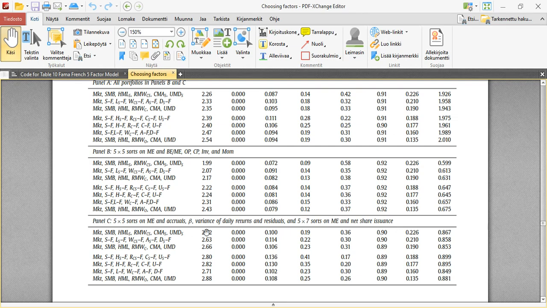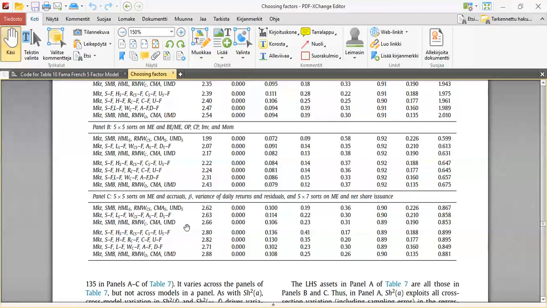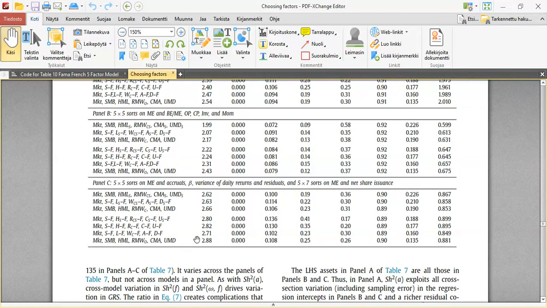Here in panel C, we have again different test assets, as we see in the description of the table, but we see that the GRS test gives us basically the same results. Again, the model in the first row, using small stock spread risk factors and cash profitability, produces the smallest GRS test statistic.